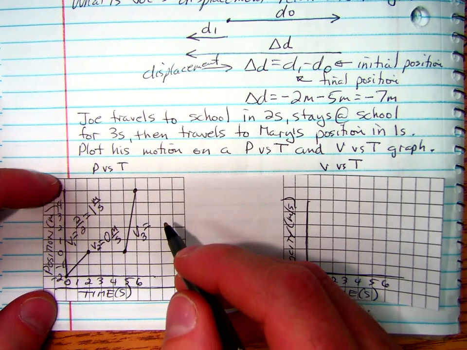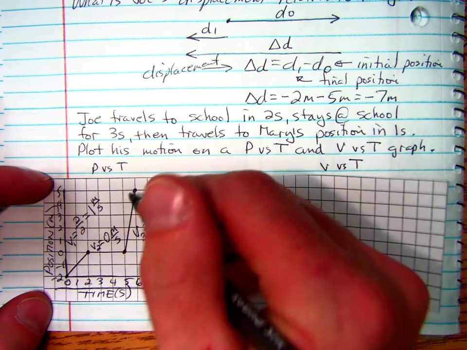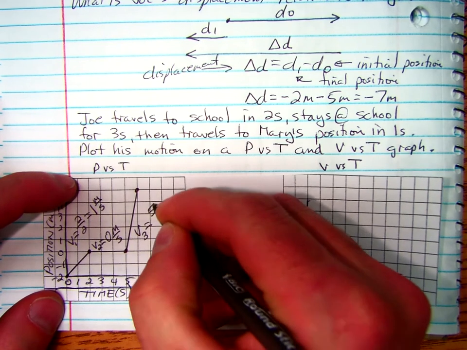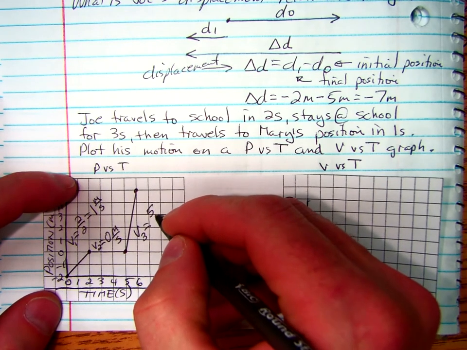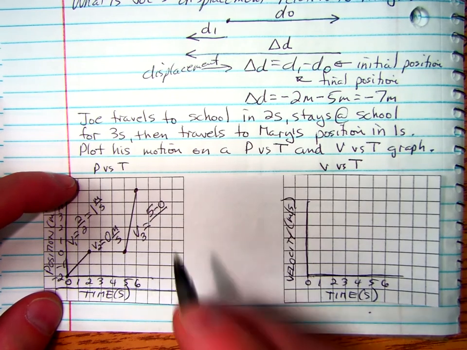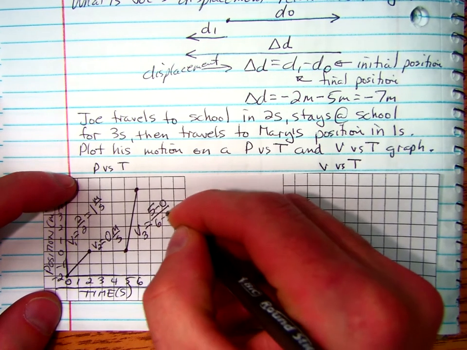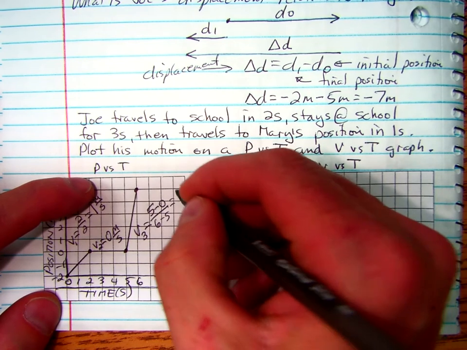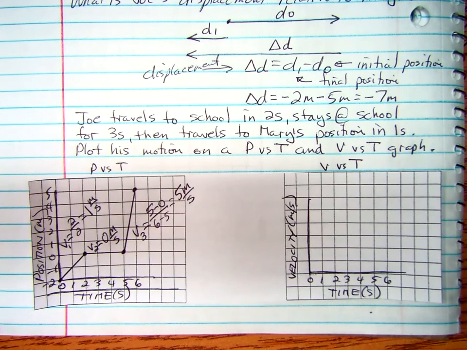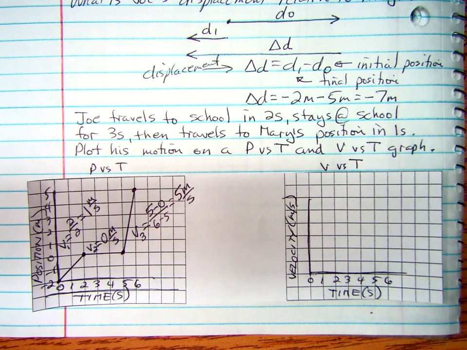So it's the change in the y, 5 minus 0 is 5. Divided by, let me write that out, 5 minus 0 divided by 6 minus 5 is going to be 5 meters per second. So we have 3 slopes.